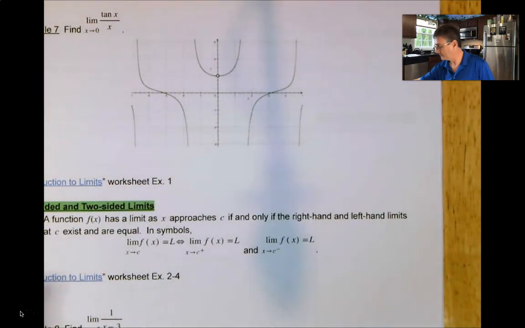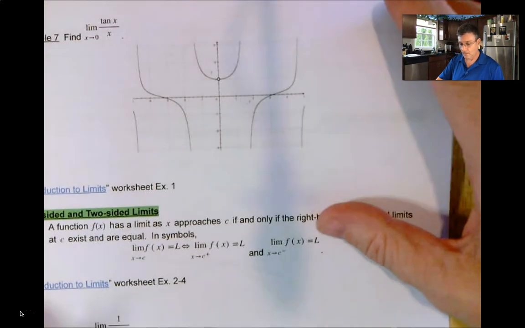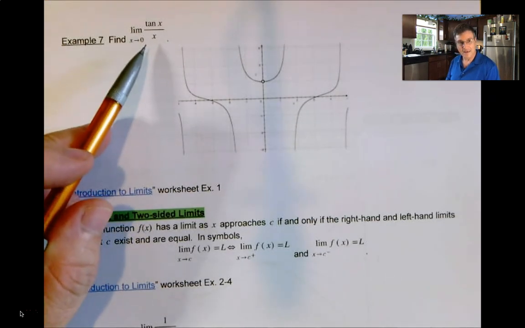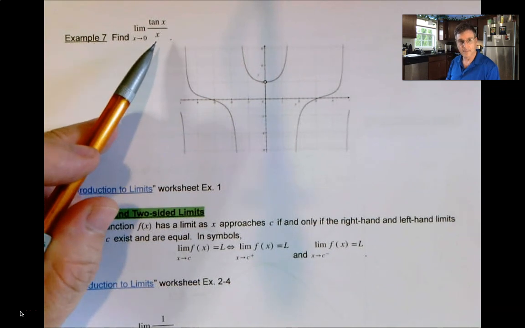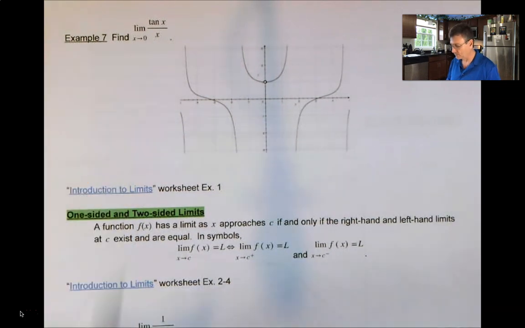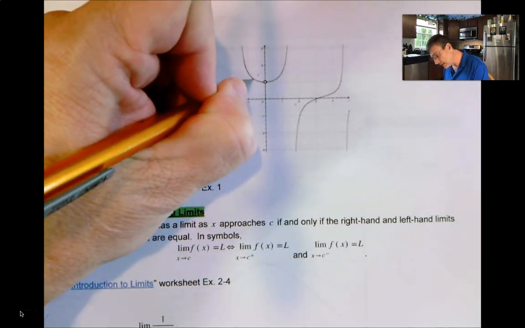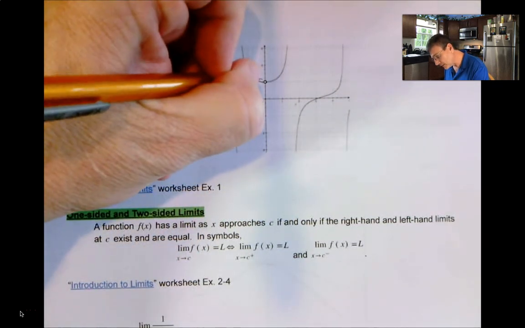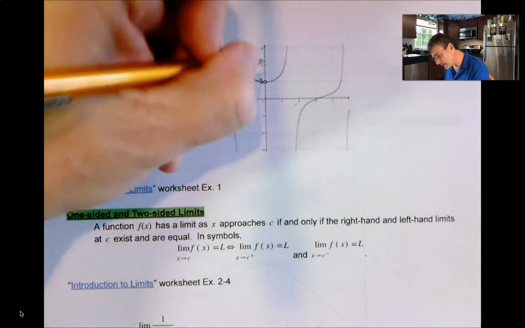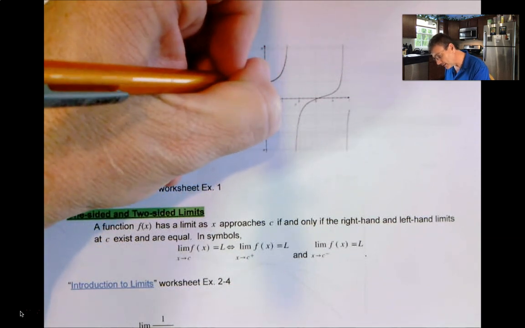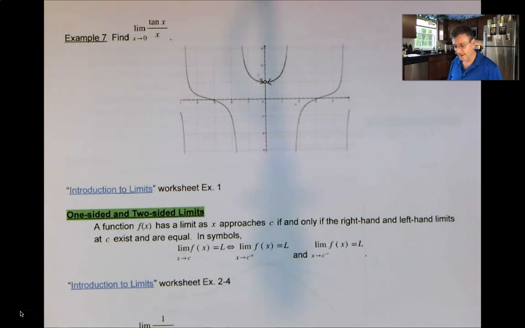Example 7. Again, I can't do direct substitution. I can't put a 0 in the denominator, so I can't do direct substitution. But I can look at the graph. Graphically, as I approach 0 from the left, and as I approach 0 from the right, they're both going to the same value.